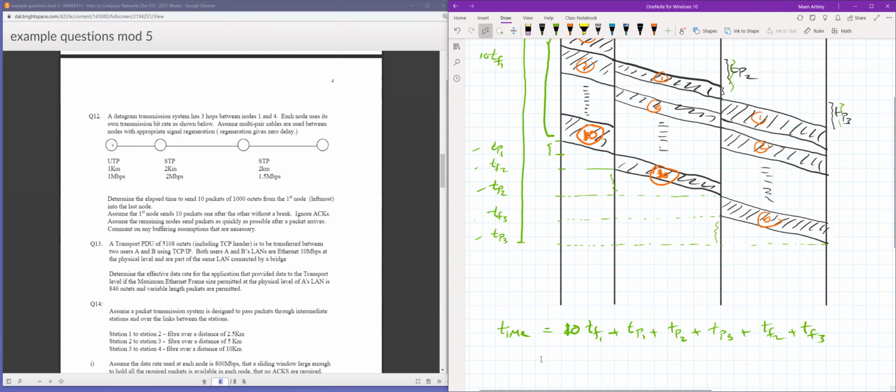Now, remember, they are related to each other. So if I put all terms relative to these two values, I know that TP2 and TP3 are actually twice as much as TP1.